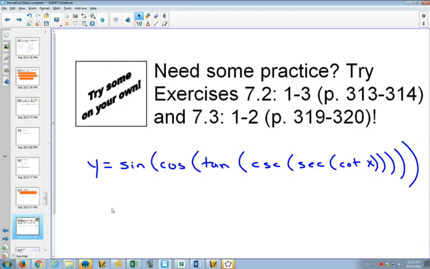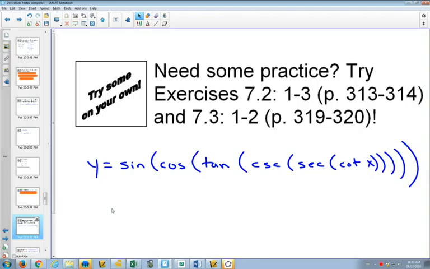So it'd be negative sine, and then you would rewrite all of this. Multiplied by the derivative of tan is secant squared, and then you would rewrite all of this. Then the derivative of cosecant is negative cosecant cotangent. So when you do negative cosecant cotangent, inside the cosecant you would write all of this, and inside the cotangent you would write all of this.